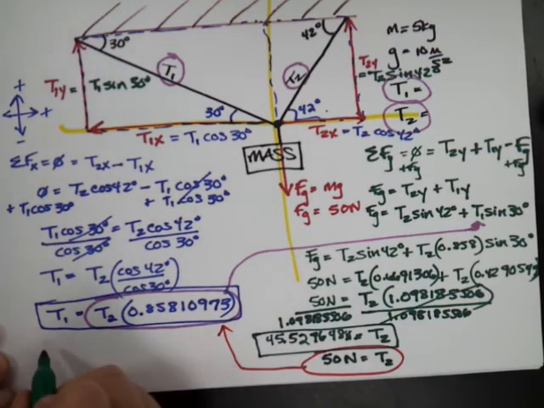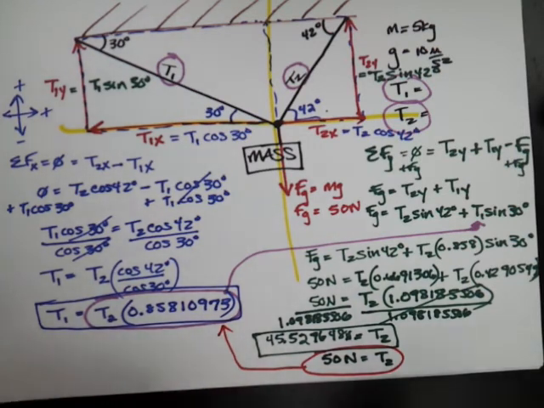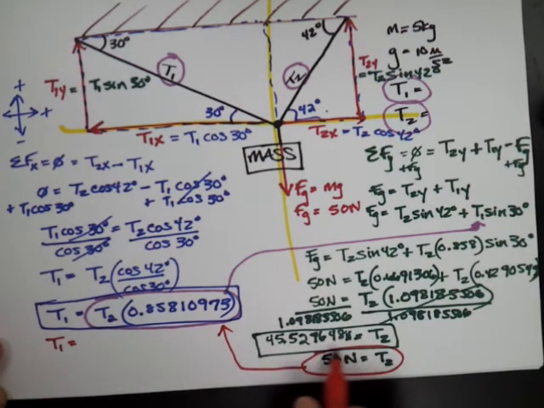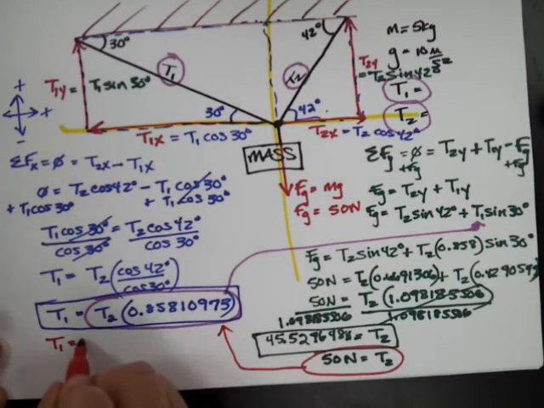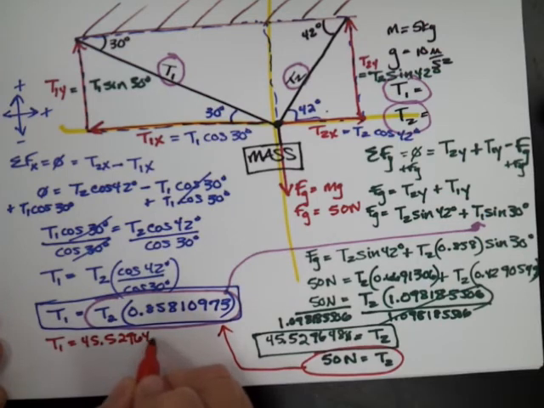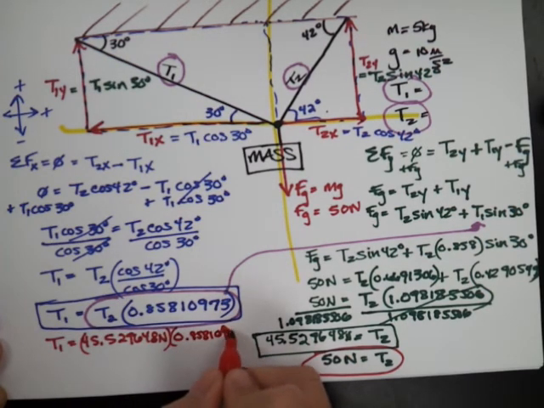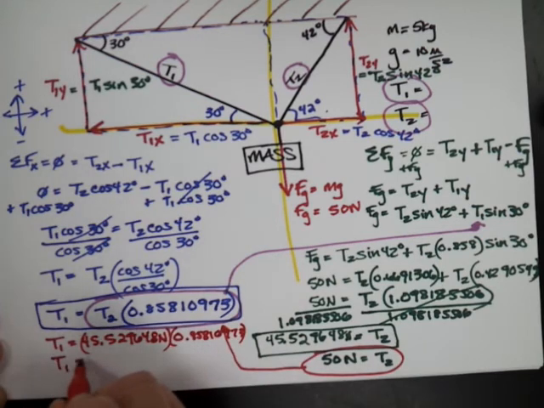So now I'm going to use red to finish it off. We say T1 is really T2, which I'm going to carry these numbers, right? Because this is a sig fig answer, I can't carry that on. So I'm going to say 45.52968 newtons, times 0.85810973, which is my T2 value.